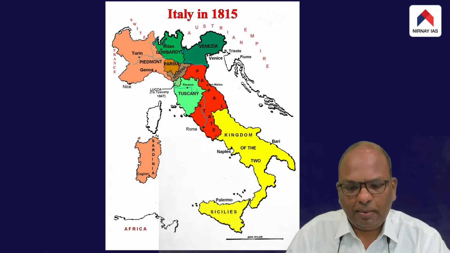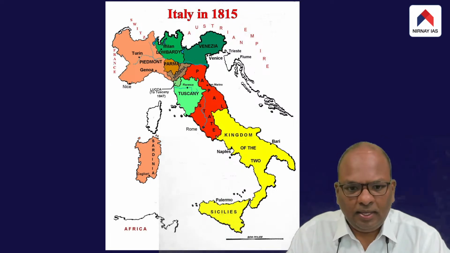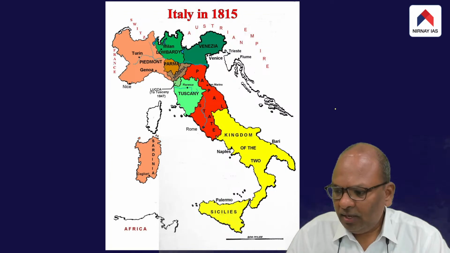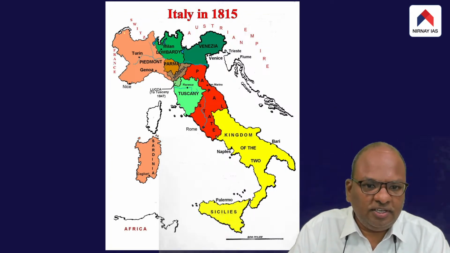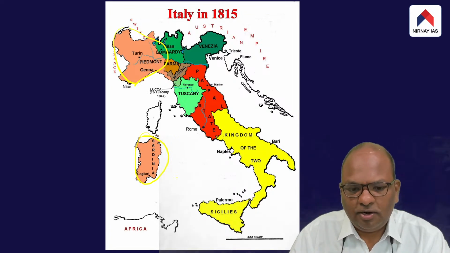The Piedmont region and Sardinia were the only territory under the control of the native Italians.